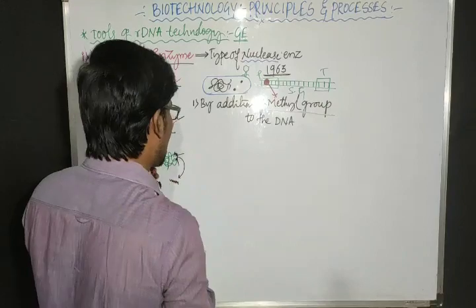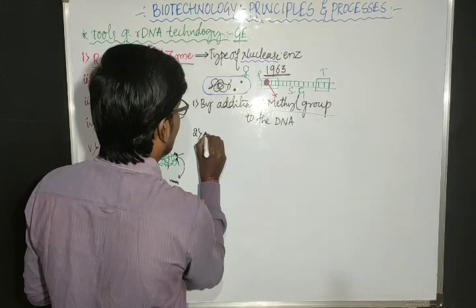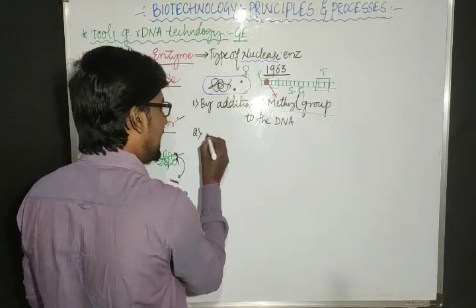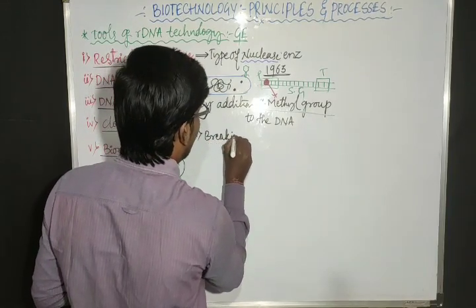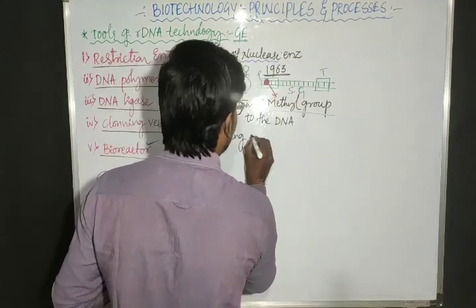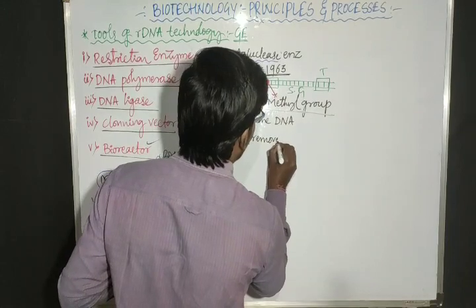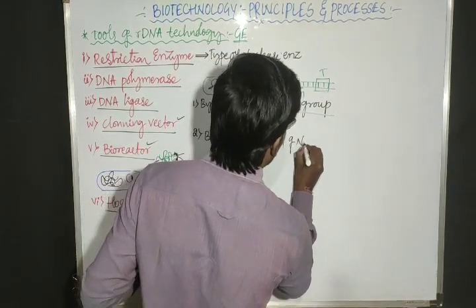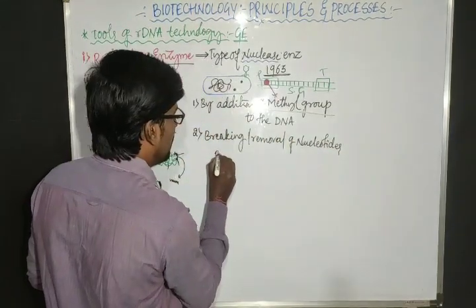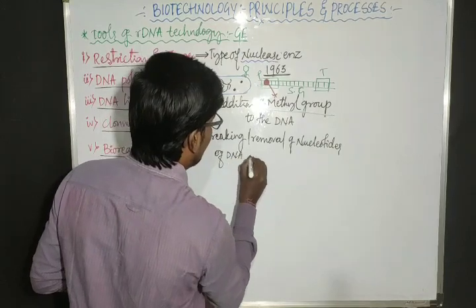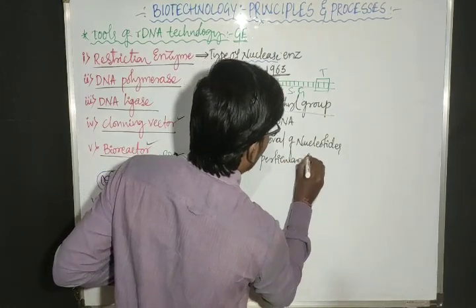And one more special enzyme they observed. So that special enzyme, the second enzyme, is breaking or removal of nucleotides of DNA at a particular place.